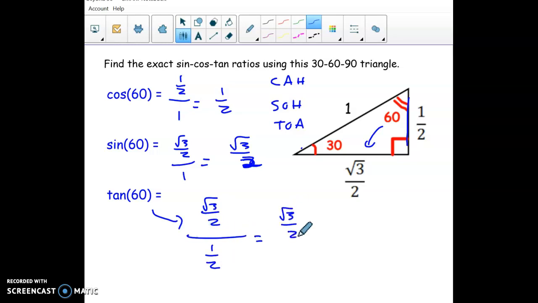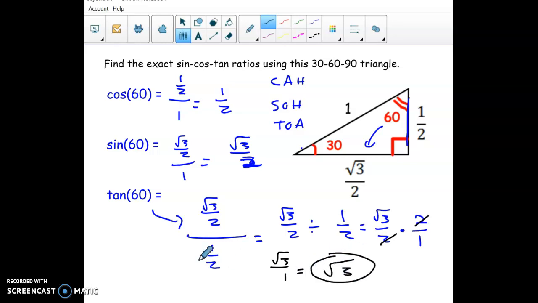So we have square root of 3 over 2 divided by 1/2. And that's the same as multiplying by the reciprocal. So we're going to do square root of 3 over 2 times 2 over 1. Okay. And then from there, we can just cancel out these 2's, and we're going to end up with square root of 3 over 1, or just square root of 3. So the exact value for tan of 60 is the square root of 3.